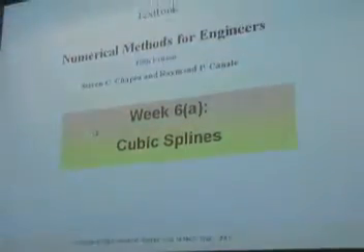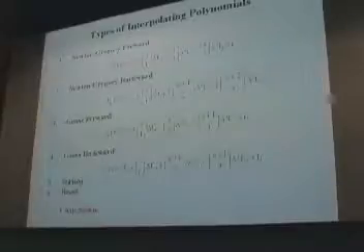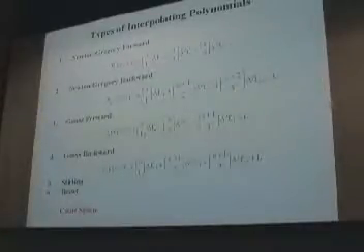Cubic spline. There are different types of interpolation polynomials, such as Newton, Gregory forward, backward, and Gauss forward, backward, and Stirling, and Bessel. And today we are going to focus on the cubic spline. That's the last one.